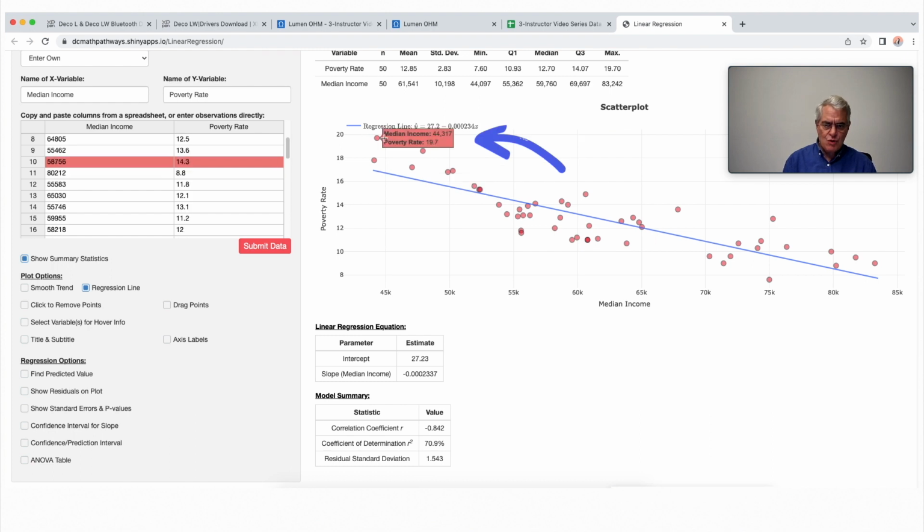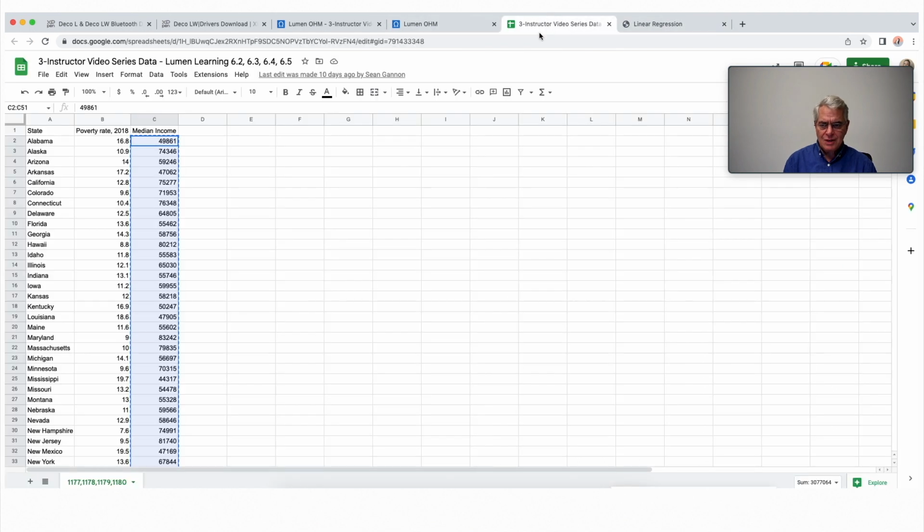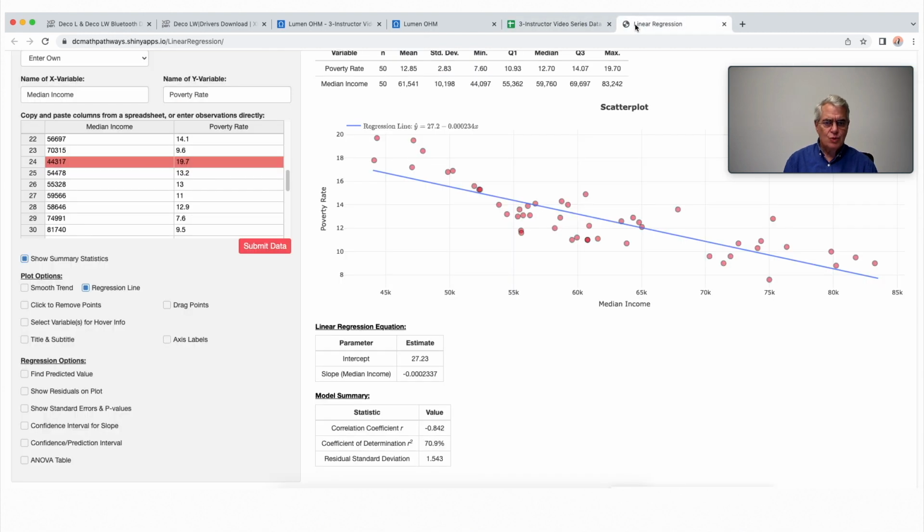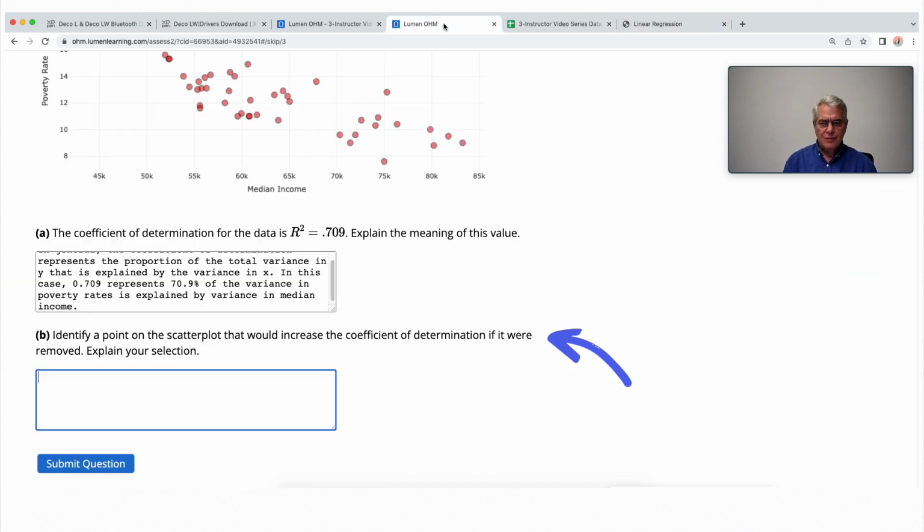We're going to remove highlighted state number 24. Whoever that is, let's see who that is. State number 24 is Minnesota. Okay.